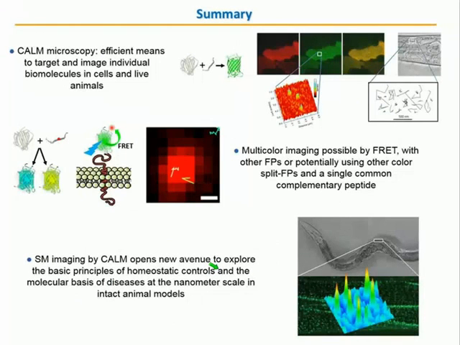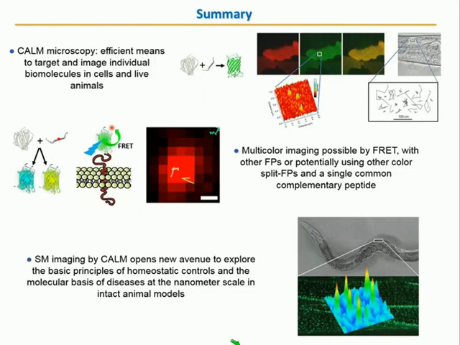And so I'd like to finish by summarizing the fact that you can use this split GFP and microscopy to target and image individual molecules in cells, as well as in animals. You can achieve multicolor imaging through the development of split GFP or split FP variants, but also through FRET processes, or by combining with traditional imaging of other FPs.